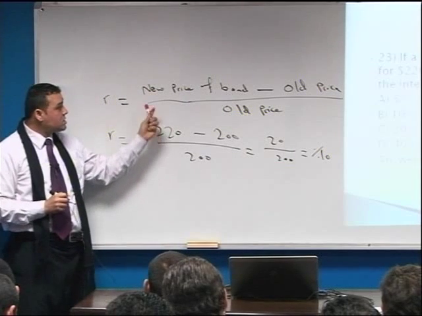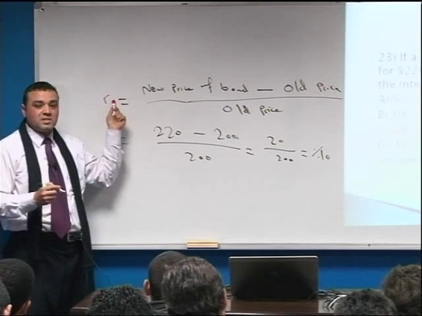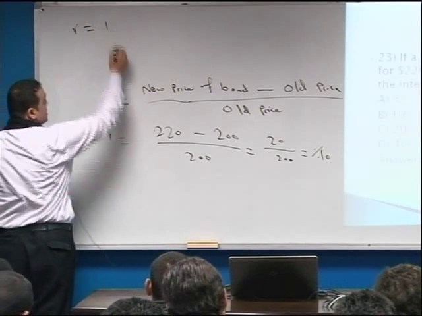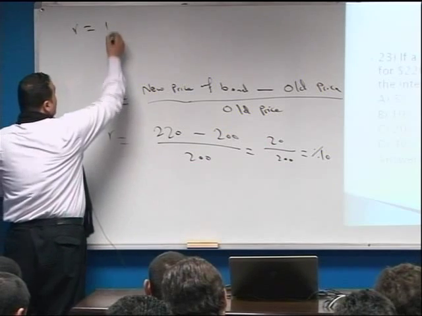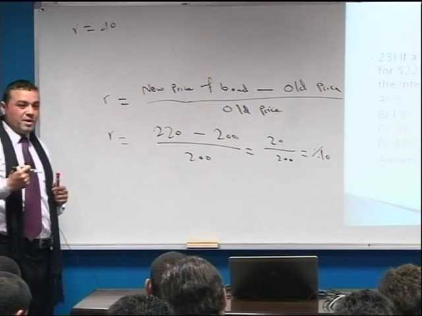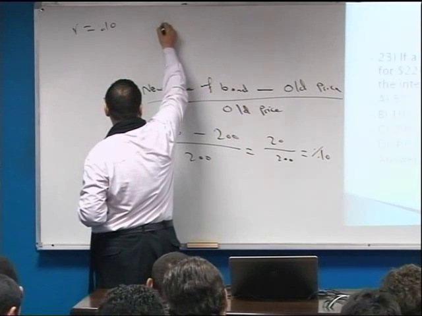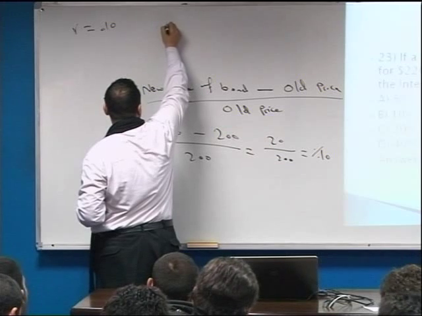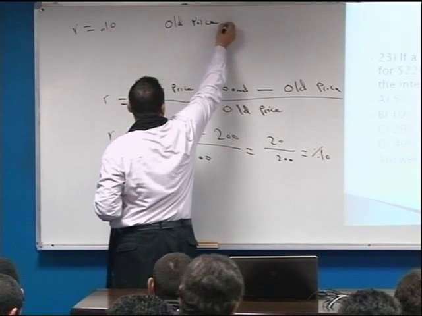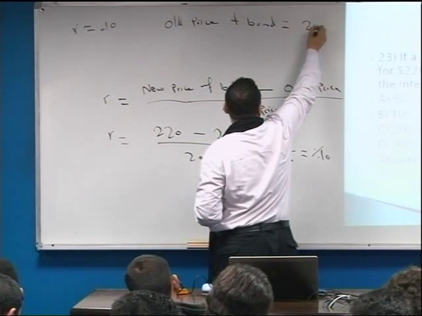Suppose the interest rate is given as 10%. This is another question. The old price of the bond, purchased for $2,000, this is the old price of the bond, equals $2,000.